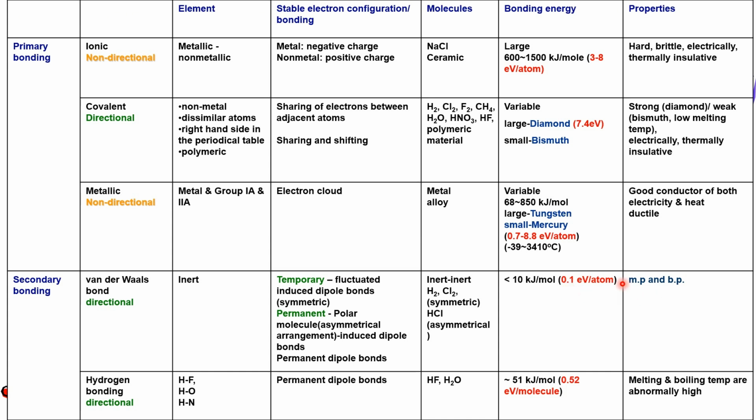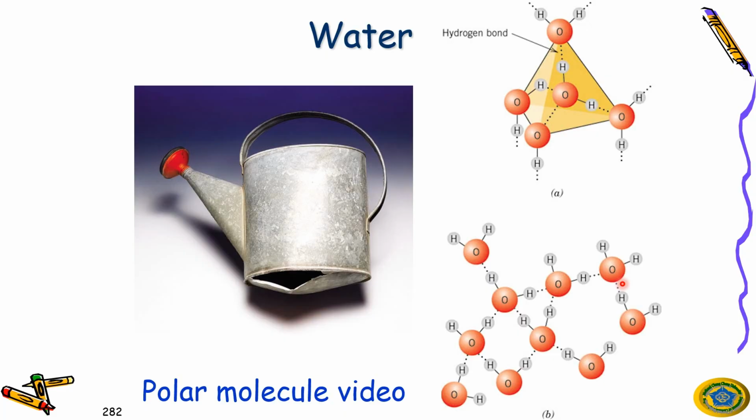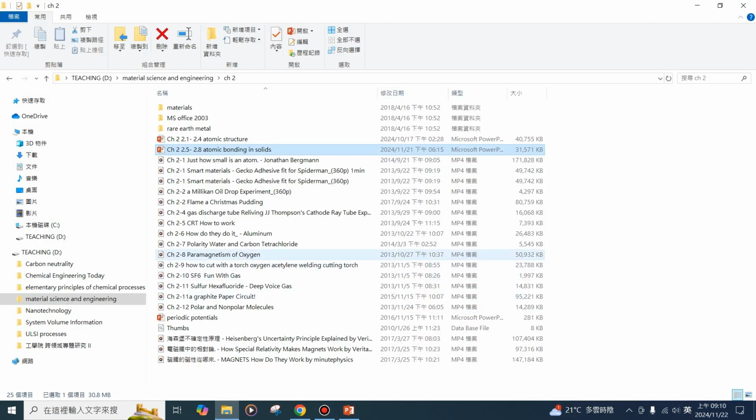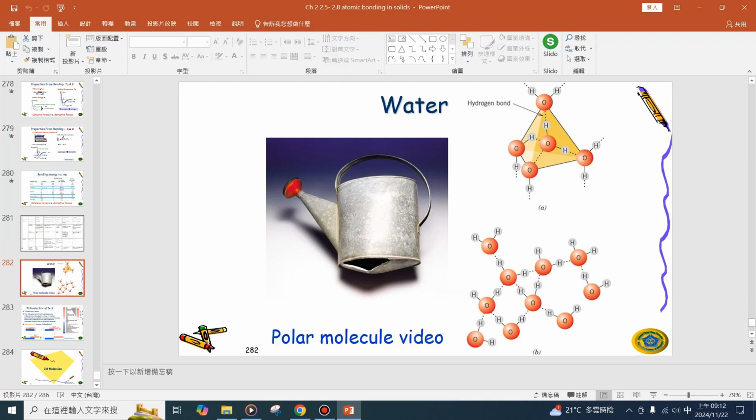Okay, good. Water is a very interesting molecule because water has a hydrogen bond. And I want to show you the very interesting polarity of water, which tells you the difference between polar molecules and non-polar molecules.